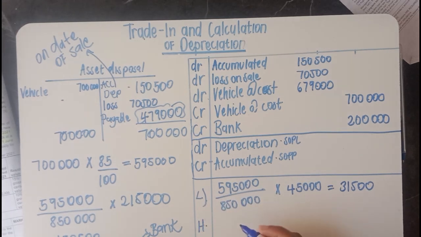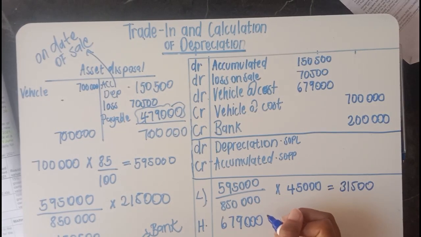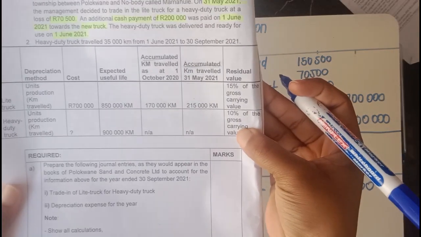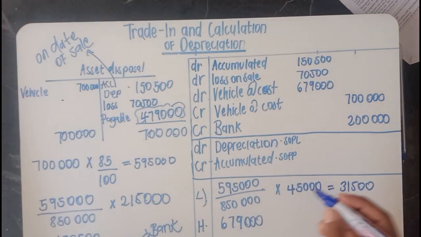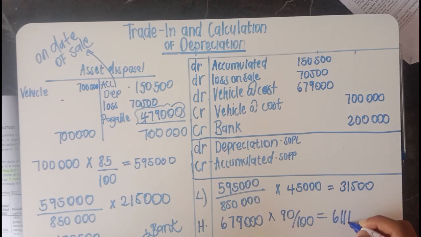So the heavy vehicle, we have the cost of it, which is 679,123, and they told you that the residual value is 10% of the gross carrying amount, the cost of the vehicle. Multiply by 90 over 100, and you have 611,123.